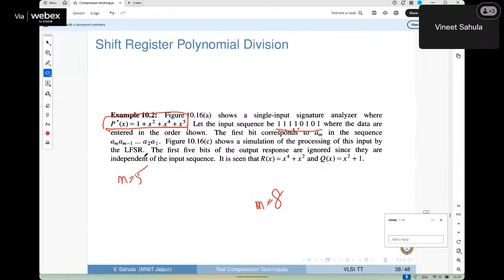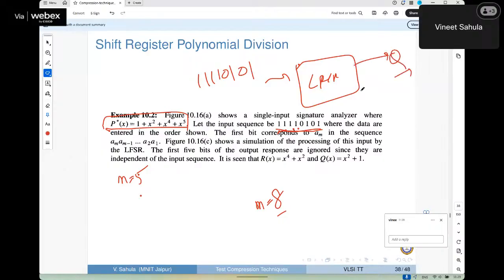So we are compacting the 8-bit length sequence into 5 bits. So I can say the LFSR is there. My input sequence is 1 1 1 1 0 1 0 1, and I will get a quotient which I don't bother about. But what remains here as a residue after putting all these in this LFSR will be my compacted sequence.